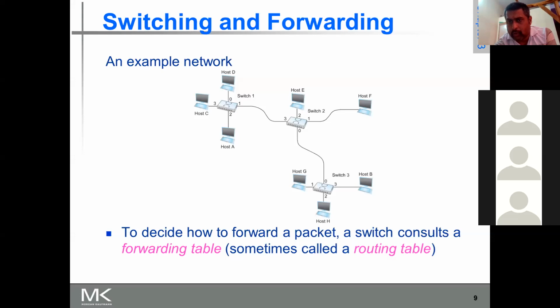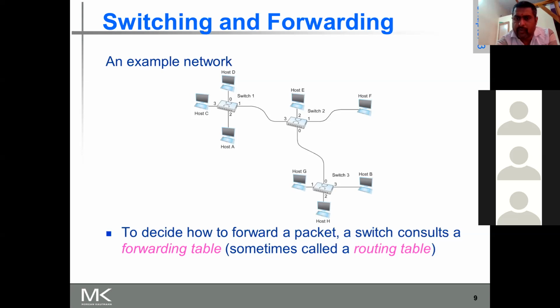Ports 1 and 2 are the internal network connected to hosts E and F. Now come to switch 3. In switch 3, port 0 is connected to the external network, where it can collect or send information to other networks. The internal systems are connected to ports 1, 2, 3.